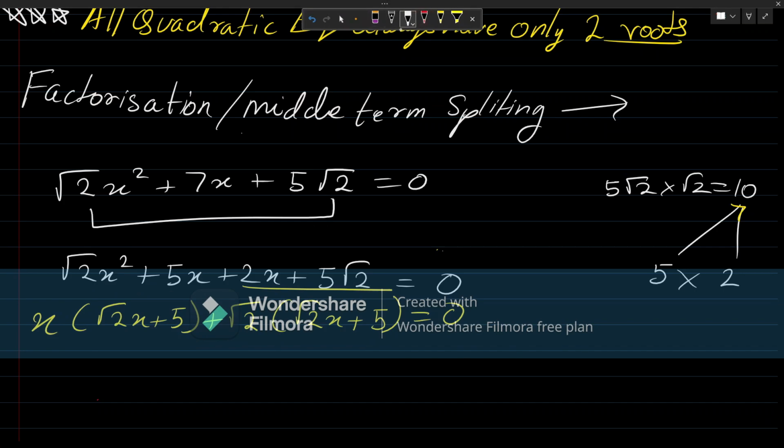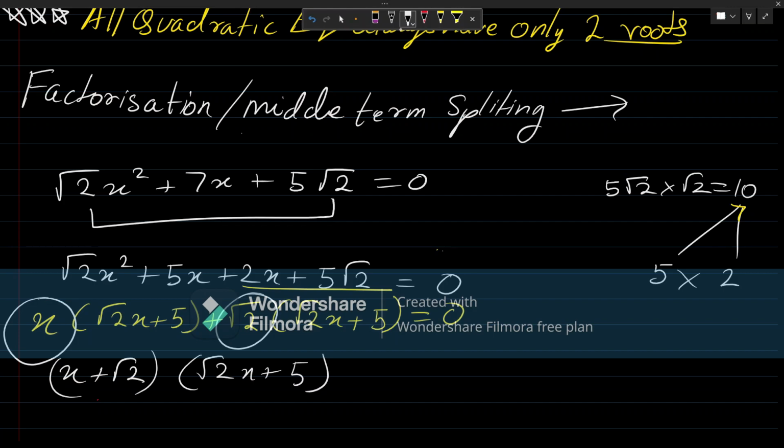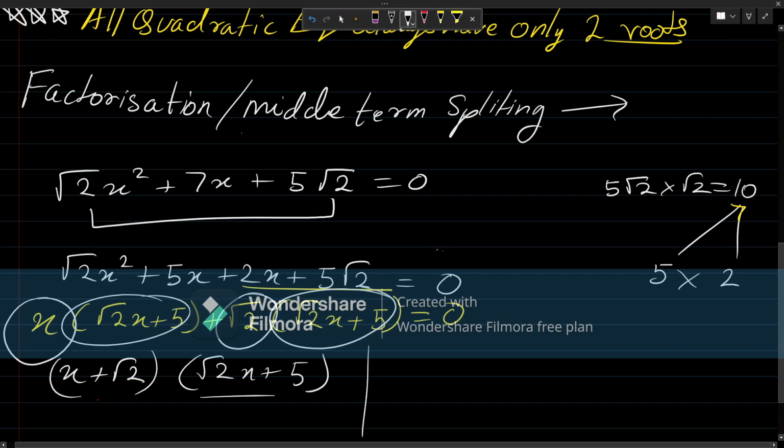Yes. Now that we have the required number and have factorized it, we need to add these two: x plus root 2 and root 2x plus 5. Since these two are common here, we will take one only. So now we got our factors, or you can say roots.